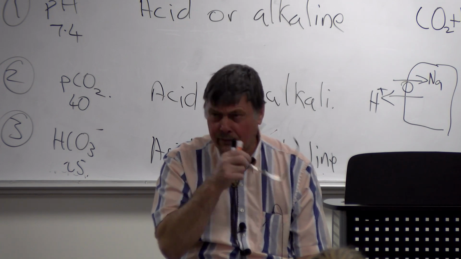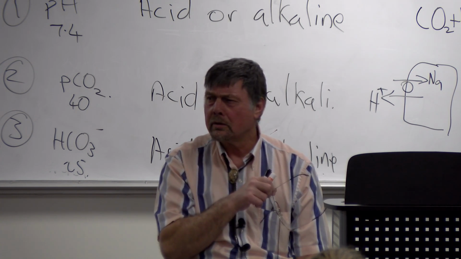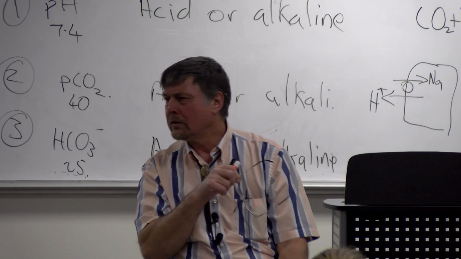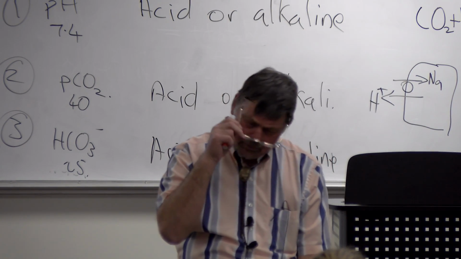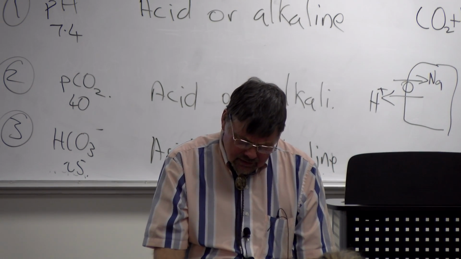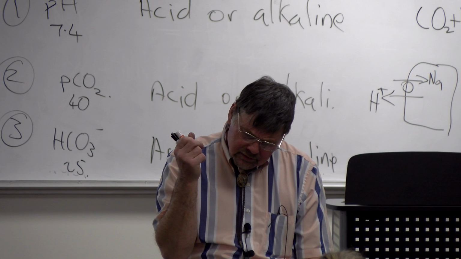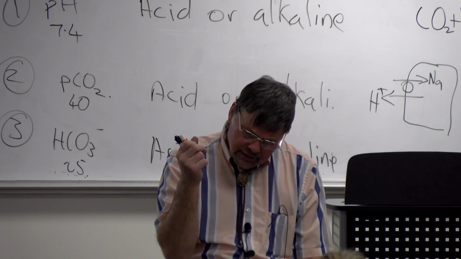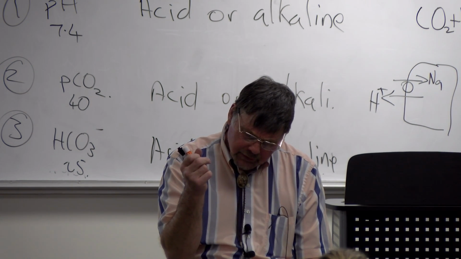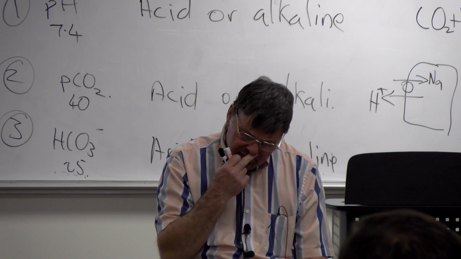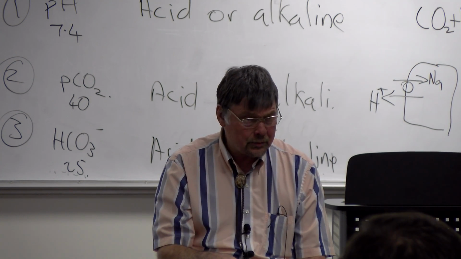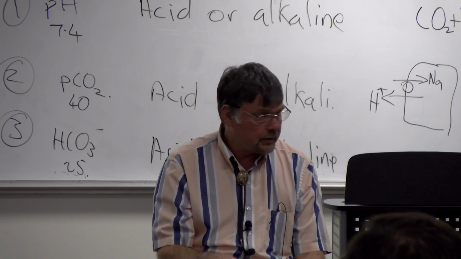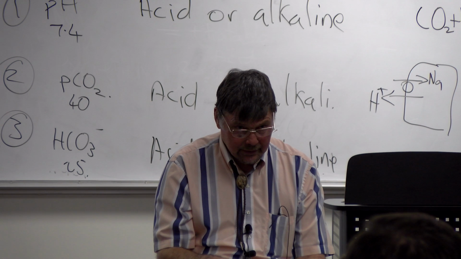It's 27.9. I'm a bit confused. Now it's 27.9. Okay, so I've got extra CO2. Is that 27.9 due to the added CO2, or is there any metabolic bicarbonate there?